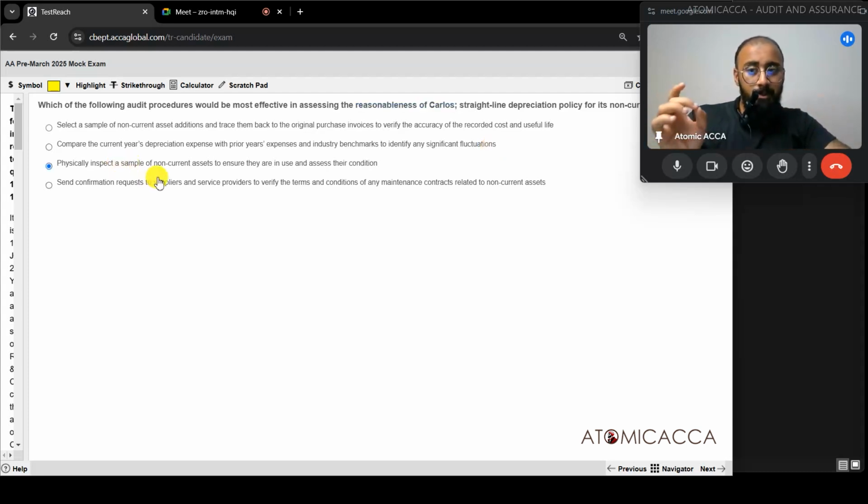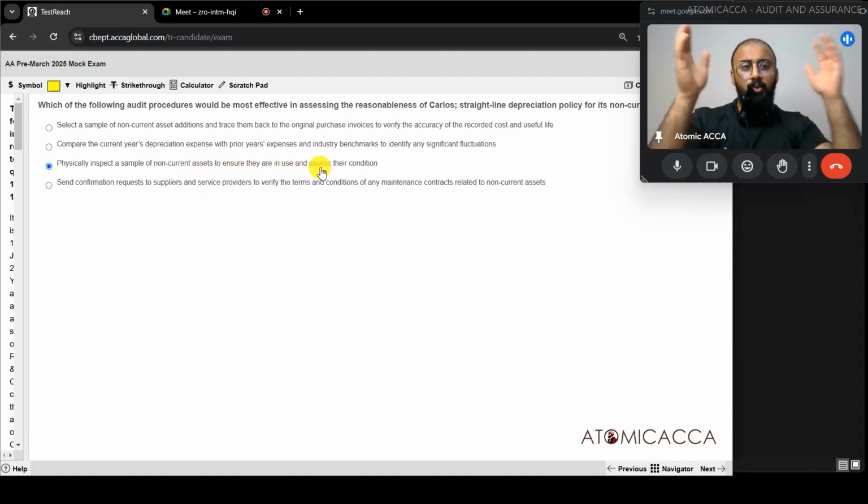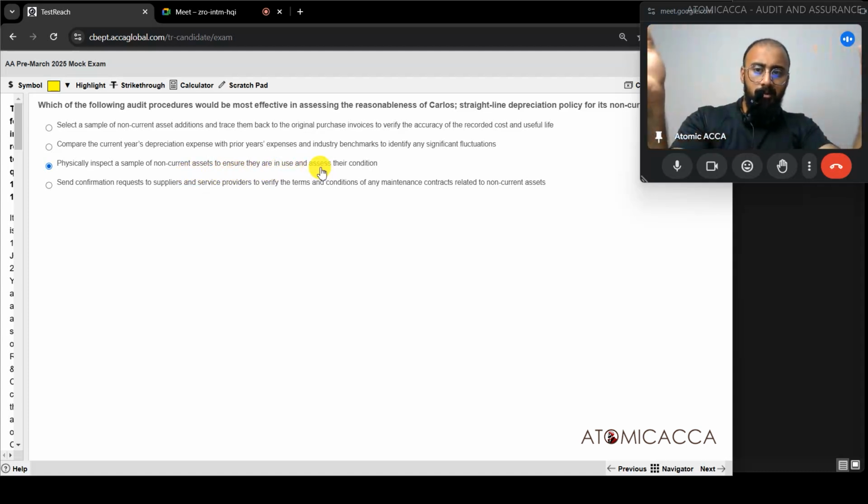Physically inspect a sample of non-current asset to ensure they are in use and assess their condition. Now, if I go to a particular place, I see the particular non-current assets and whether they're using it or not, however they're using it, is not going to give me exactly an idea about whether straight line depreciation or reducing balance is the right one to do over there, because it could be an idle asset, it could be an asset that is very heavily used, it could be an asset that is moderately used.